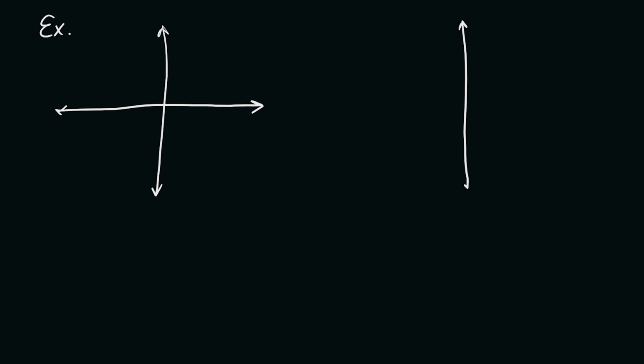I'm gonna draw an example here, and then you tell me if this is an actual function or not. We're gonna do two examples here. I'm gonna draw these graphs to the best of my ability. I'm not too good at drawing graphs anyways.